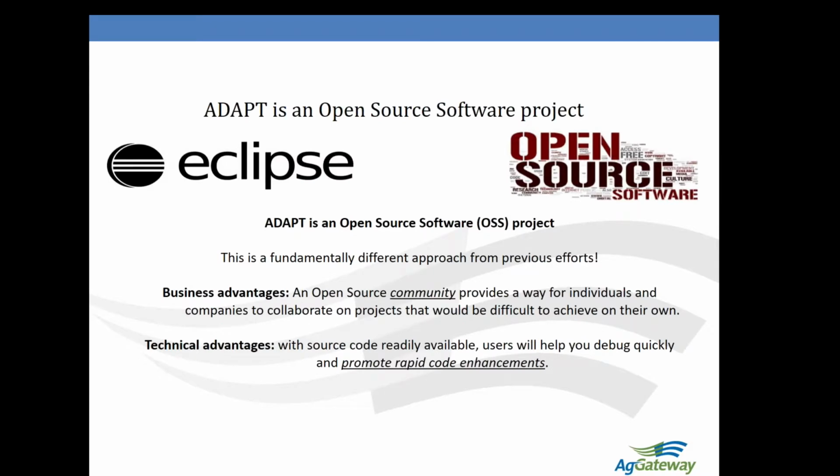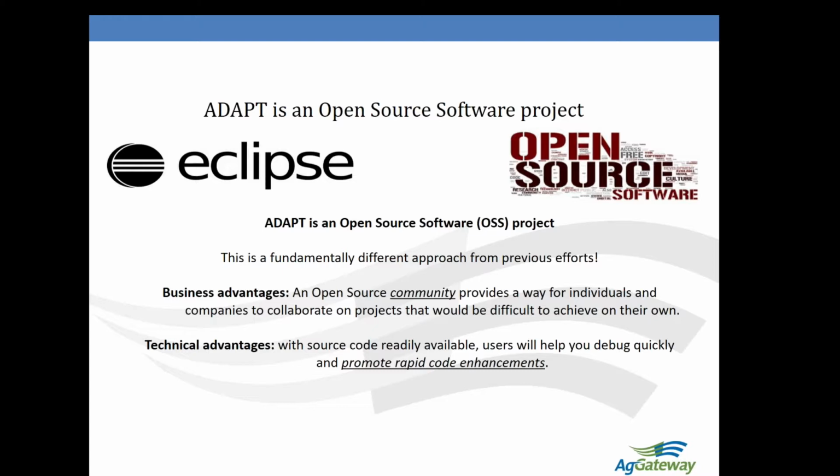ADAPT is an open source software project, okay? It's completely open to the community. Anybody that wants to contribute can go on to GitHub today and download the code, start to contribute, start to add comments, add questions, and so forth, okay?